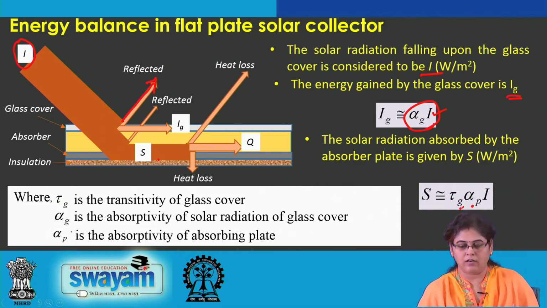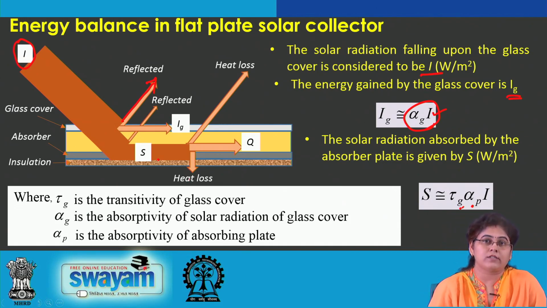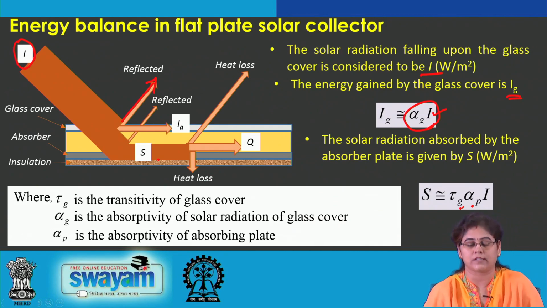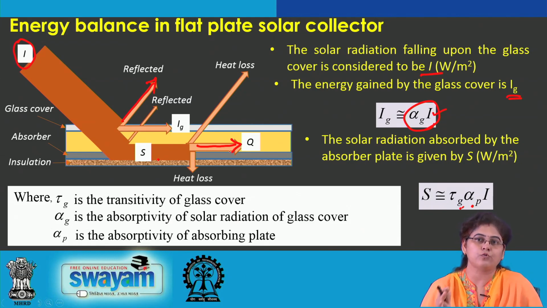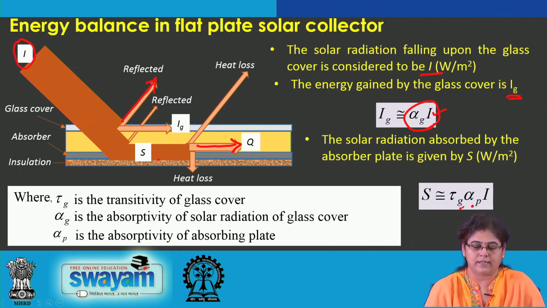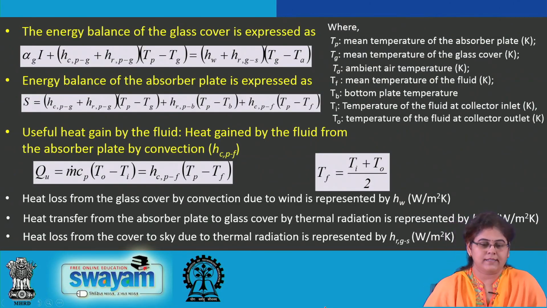S is the solar radiation absorbed by the absorber plate, and there are some heat losses to the ground, that is bottom loss, which I have already discussed in my previous lecture. There is bottom loss, top loss, and also side losses. The useful energy available from the collector to do some work is designated as Q. So, the energy balance of the different components we are expressing here.